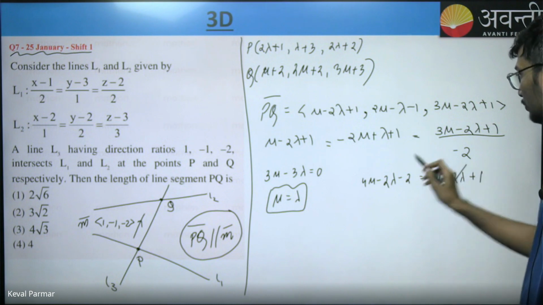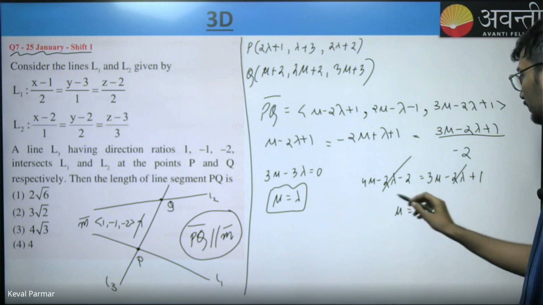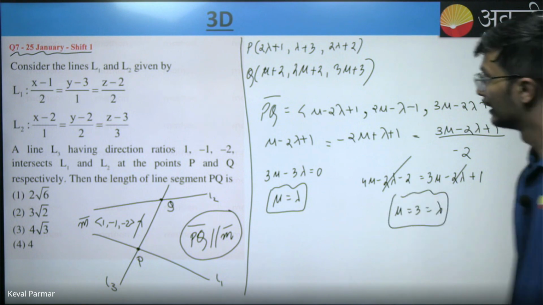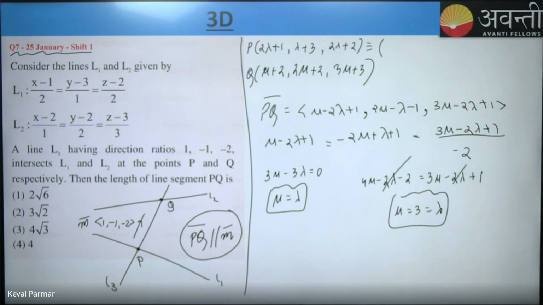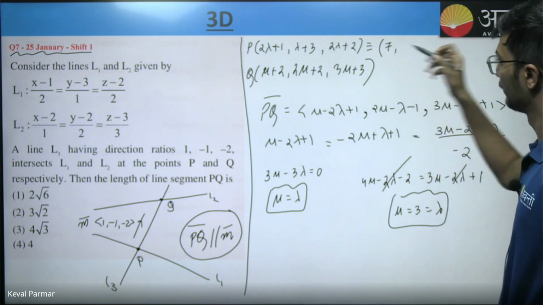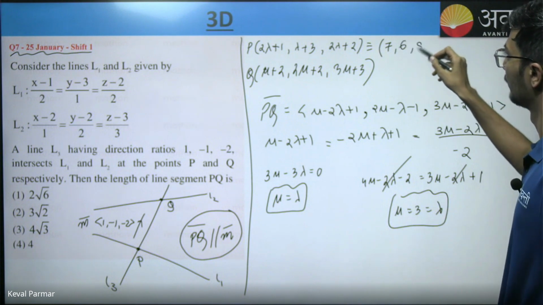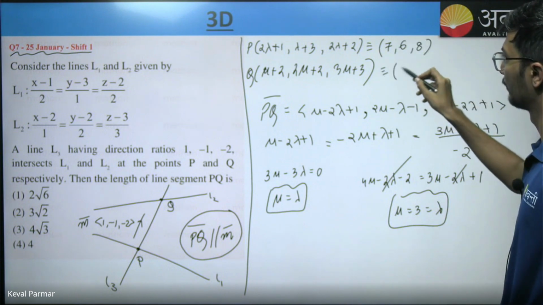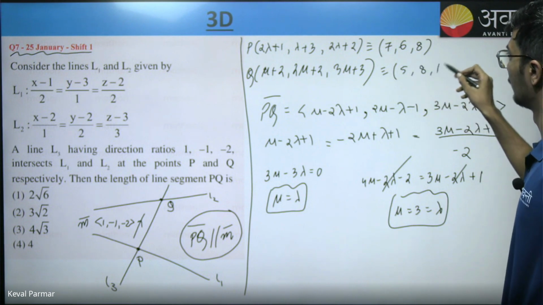So minus 2 gets cancelled. You get mu equals 3, which is equal to lambda. That means the coordinates of P are 3, 6 plus 1, 7, 3 plus 3, 6, and Q is 6, 7, 8, 9, 10, 11, 12.